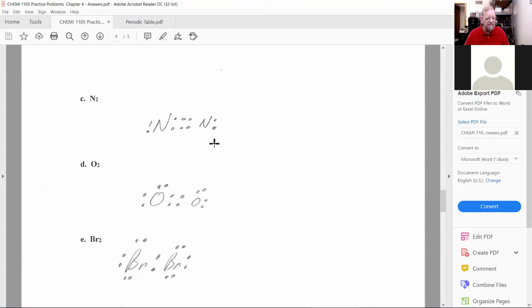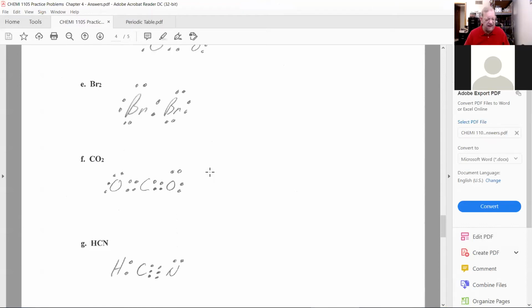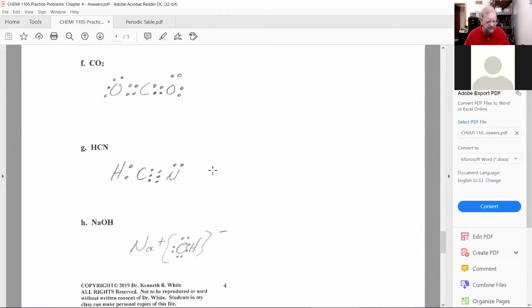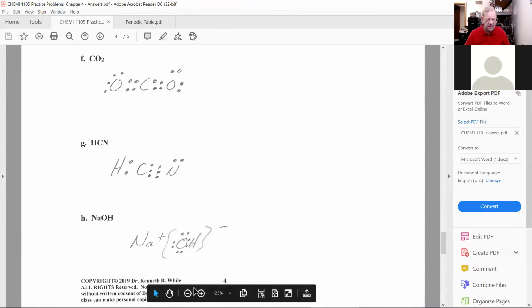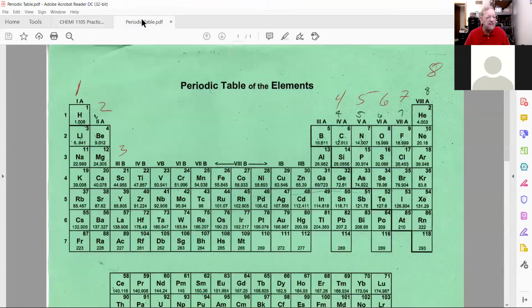All right, now, let's look at H. This is a molecule with a polyatomic ion, hydroxide, OH. Now, if you look at the periodic table, listen carefully.